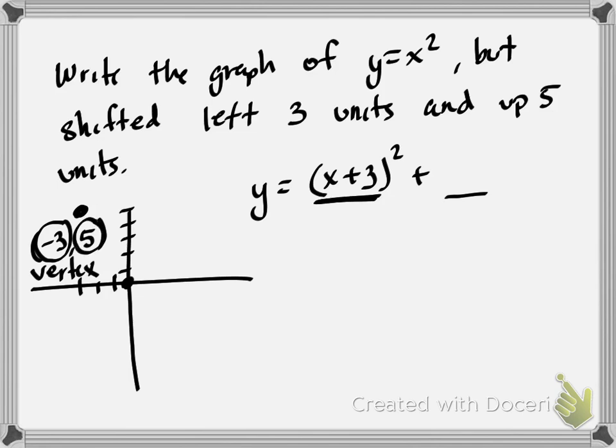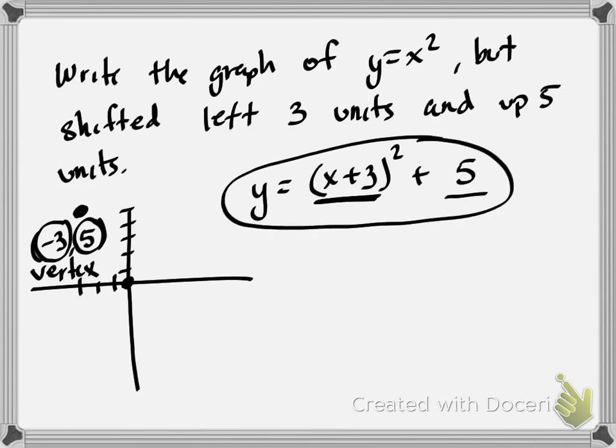So this is going to be a plus 5. And so this is the graph of y equals x squared, but shifted left 3 and up 5. This is what you would have to put as your answer inside the Khan practice if they ask you a question like this. Remember that you have to make sure that you're translating this vertex back into this format correctly.